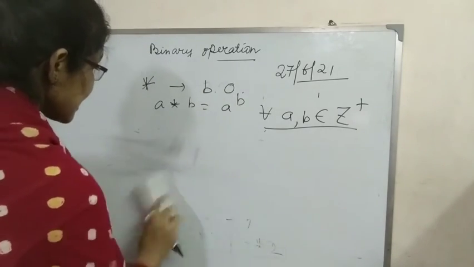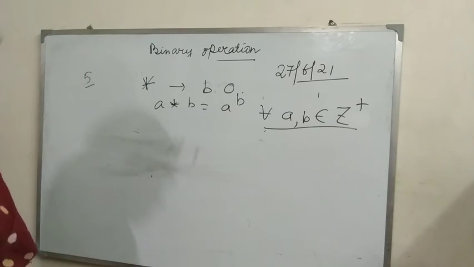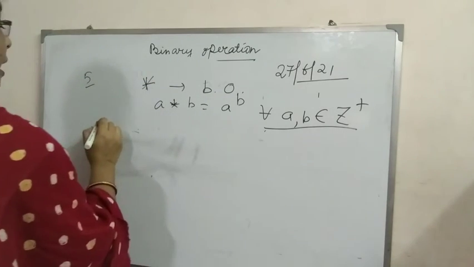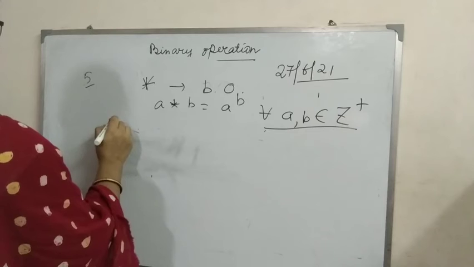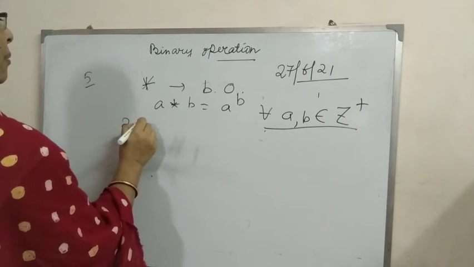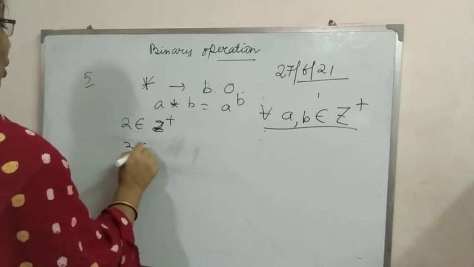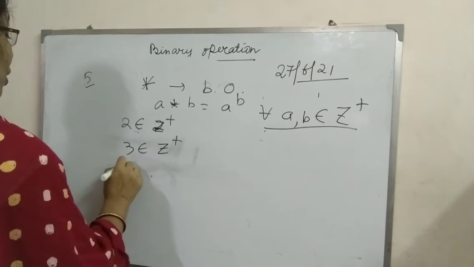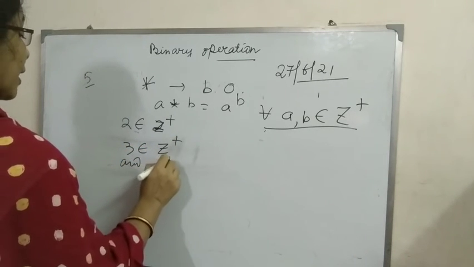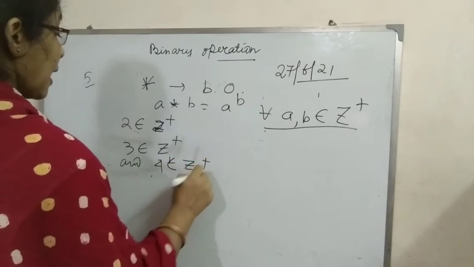And for associativity, I am doing 2 belongs to Z plus, 3 belongs to Z plus, and also 4 belongs to Z plus.